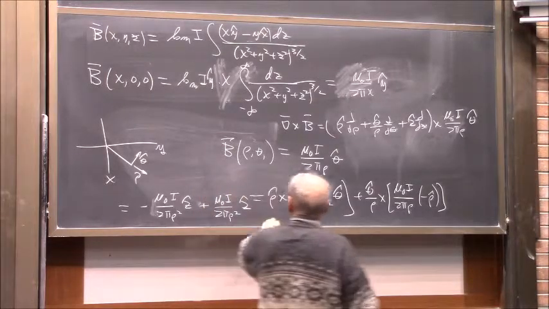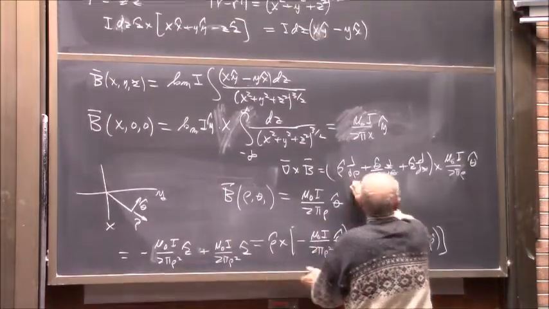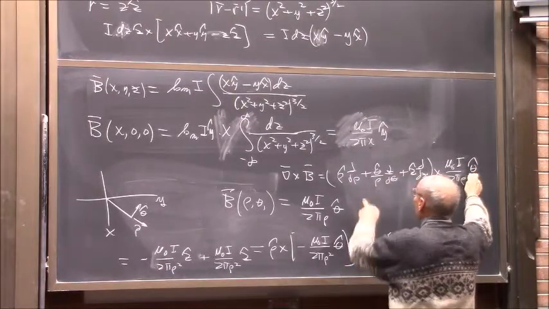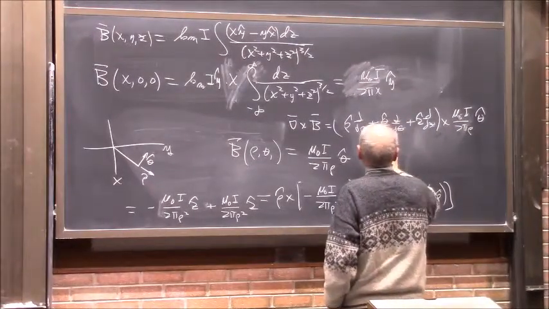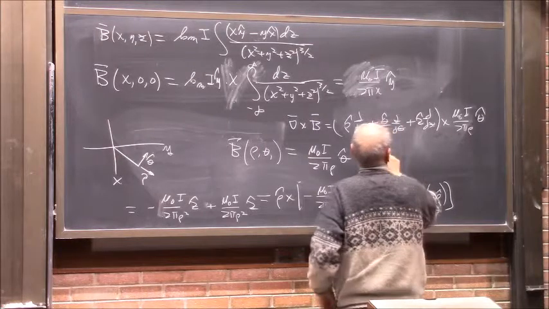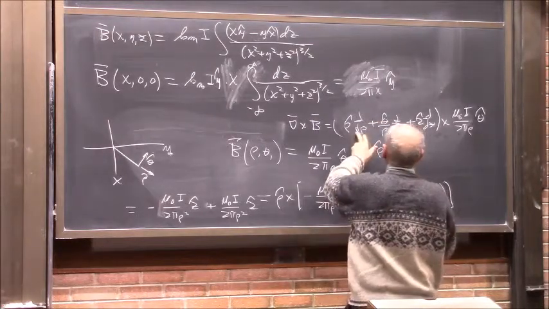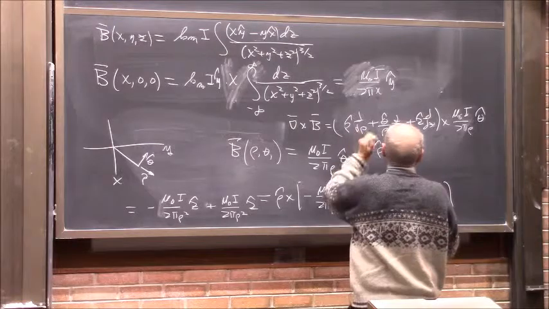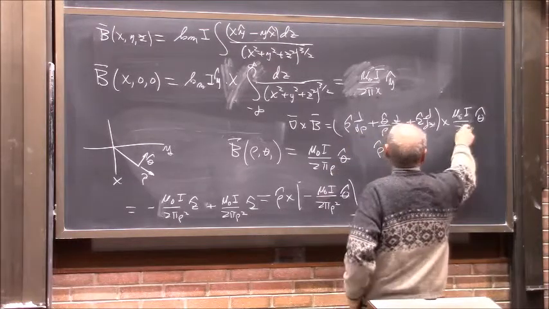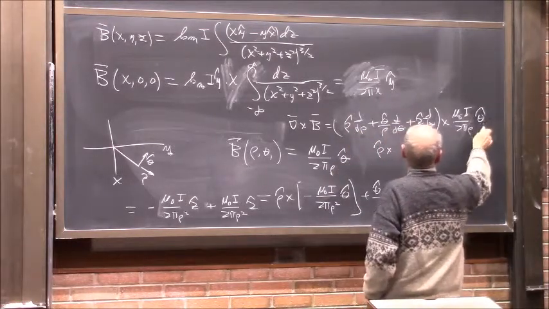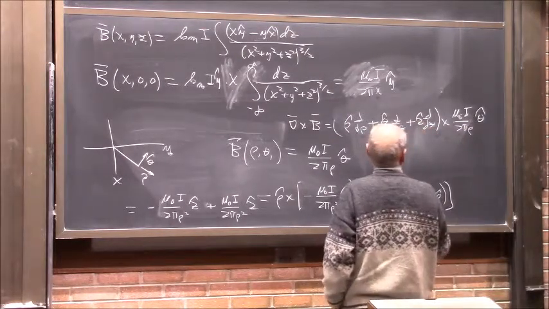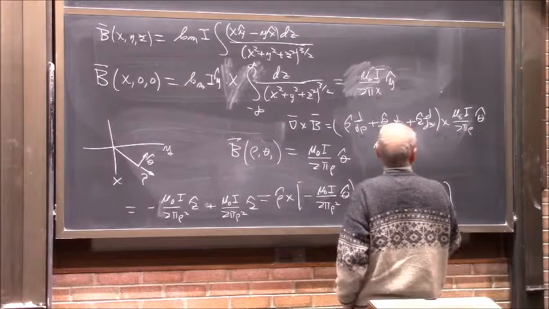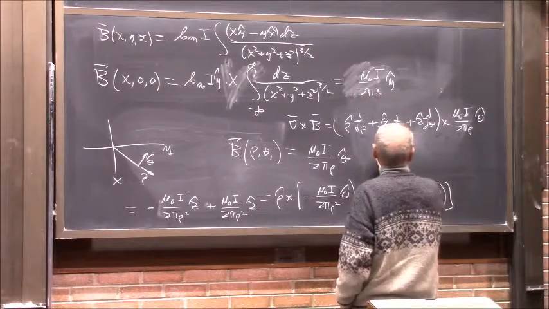Yeah, I failed to do d by d rho of theta hat. So there's an extra term here, which is rho hat cross d theta hat d rho, which is minus rho hat. So that one is still 0.